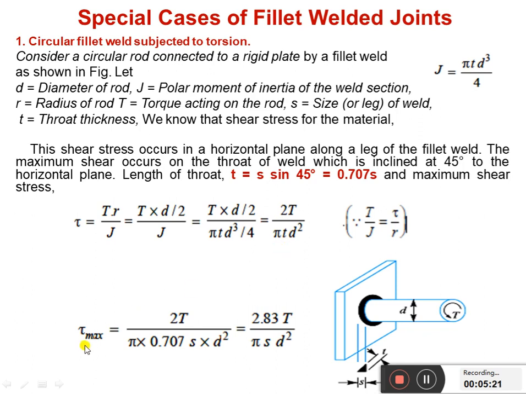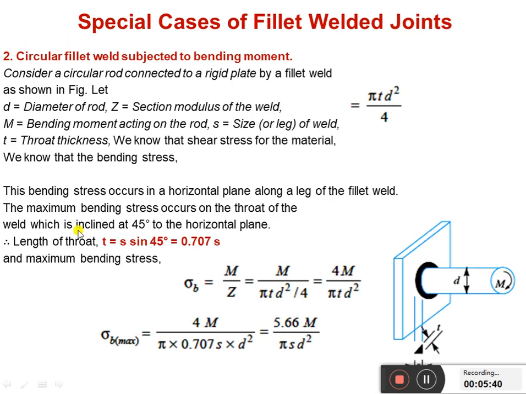So the maximum shear stress is equal to 2T divided by pi into 0.707 into S into d square, which is equal to 2.83 T divided by pi S d square. So this is the equation for tau max.